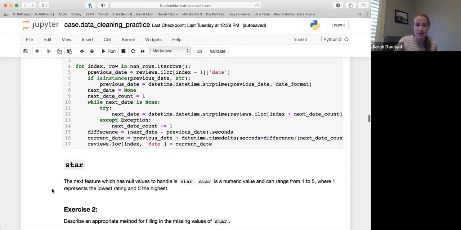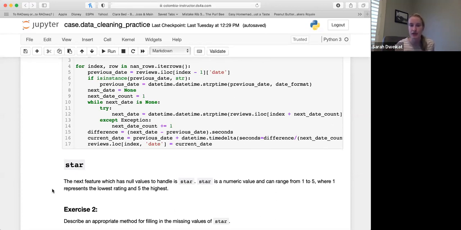So the next thing that we want to do is, we've kind of dealt with our date column, and we have filled that in, like I told you before, in those increments to fill in any missing rows. The next thing that we want to look at is our star column. The star column had numeric values between 1 and 5.